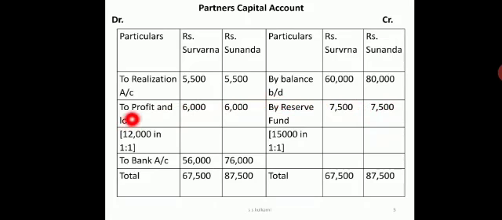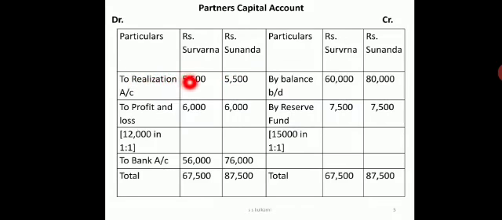Now coming to the balance sheet, I am having 12,000 on the asset side, that is profit and loss, again 12,000. That loss has to be distributed equally to partners capital, 6,000 and 6,000. Now coming to the realization account, you are having 11,000 as realization profit.